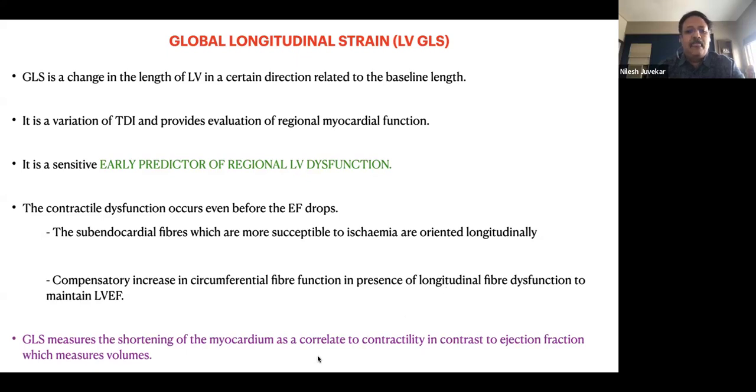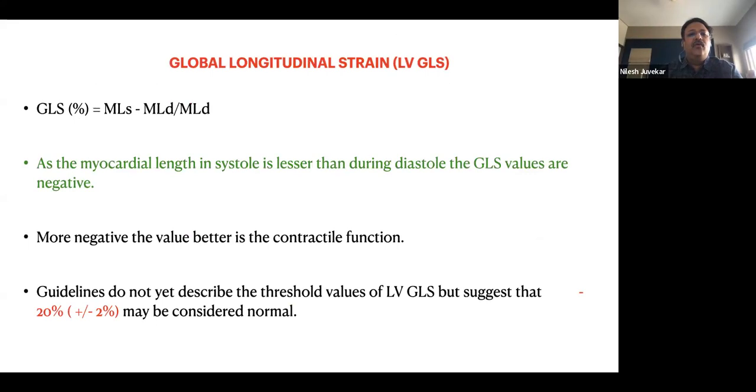So the GLS measures the shortening of myocardium as a correlate of contractility, in contrast to the ejection fraction, which basically measures the volumes.